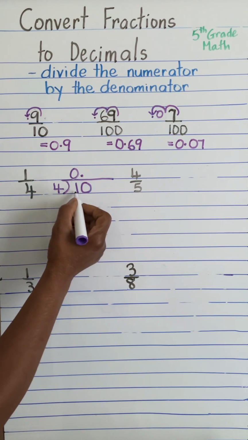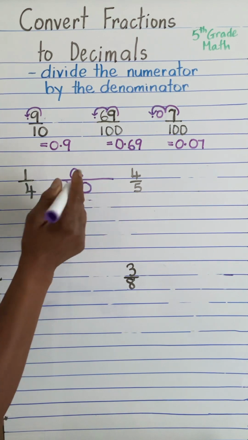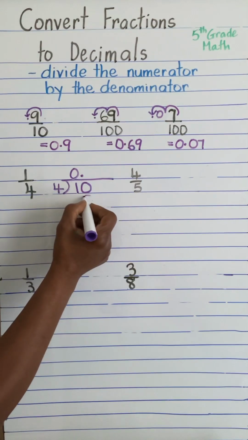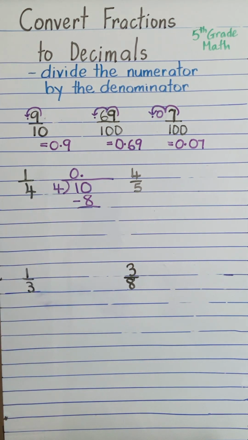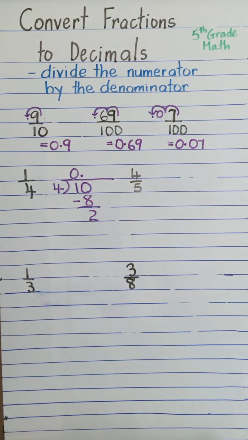That is 2 times. We multiply 2 times 4, 8, and then we subtract, as we do in long division. It's a decimal, so we continue to add zeros.